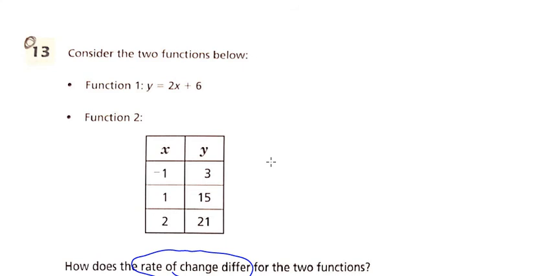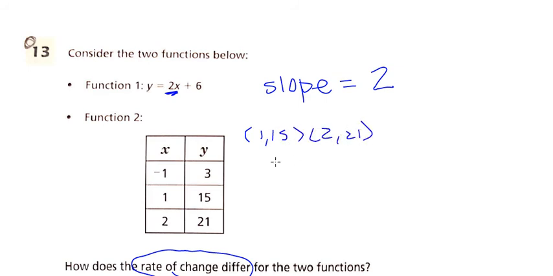Well, rate of change is the same as slope. This is very easy in the first one because when I look at that, I already know where the slope is in the equation. I know that the slope is always attached to the variable, so the slope of this one is +2. When I go to the table, I'm going to find the slope. I'm going to use my positive points, 1, 15 to 2, 21.